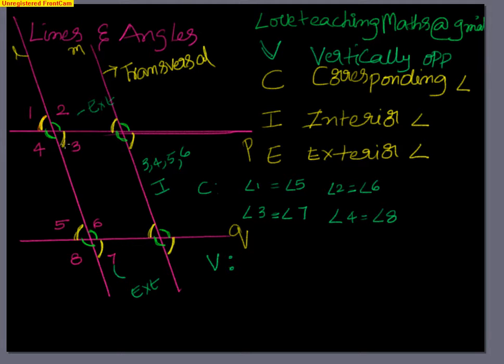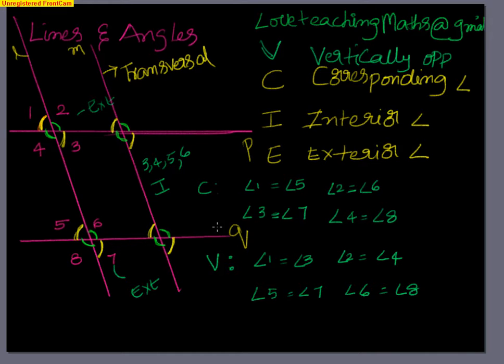You can see that for the vertically opposite angles, these two are in yellow color and these two are in green color. Now if you look at the vertically opposite angles, 1 is equal to 3, 2 is equal to 4, 5 is equal to 7 and 6 is equal to 8. That's about vertically opposite angles, right?